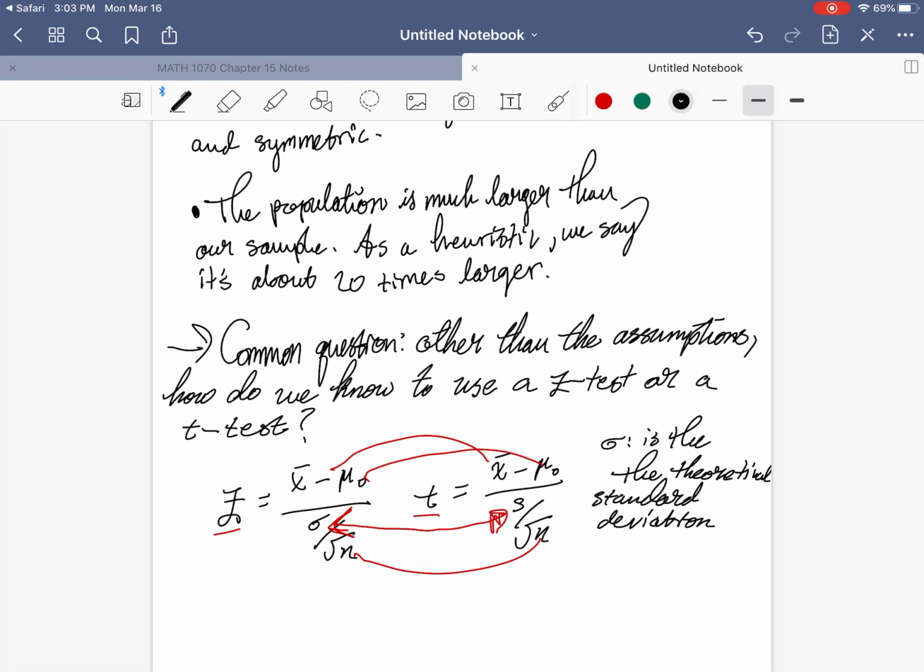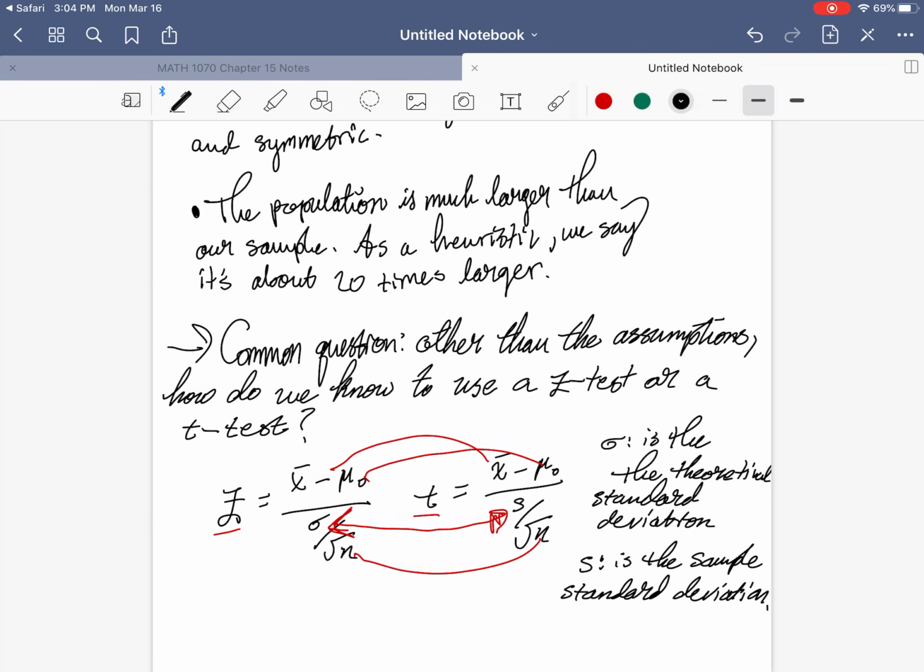The only instance in which you would maybe have it is if everyone says, okay, our theoretical standard deviation value, we're all going to pretend is this value. That is maybe the only instance, and you'll most likely never see that. But something that you've done yourself, and you will most likely almost always have, is s, which is the sample standard deviation.